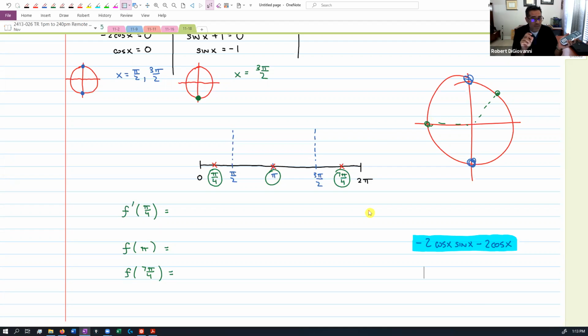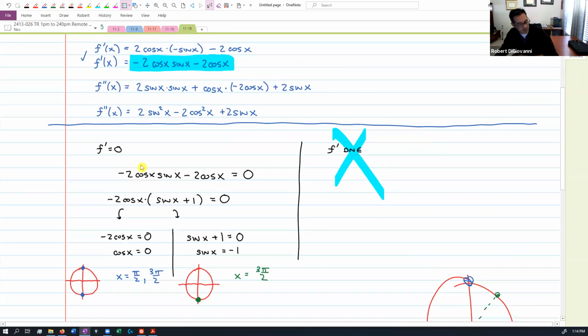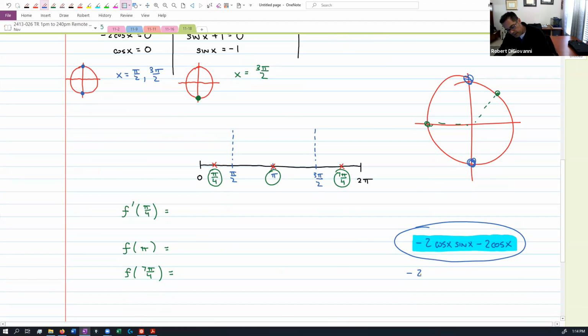So I'm going to do something a little different that I think is in your best interest to think of this way. I'm going to go back to this, and before I plug anything in, I'm going to factor it, just like we did when we were setting it equal to 0. Remember, we set it equal to 0 and factored it. I pulled out a -2 cosine x, and I was left with sine x plus 1. Now, I'm not setting it equal to 0, I'm just factoring it.